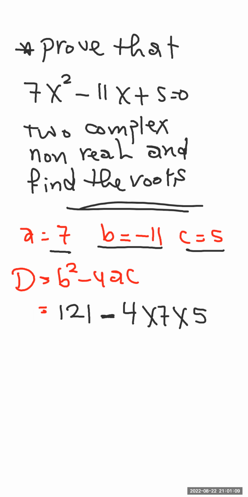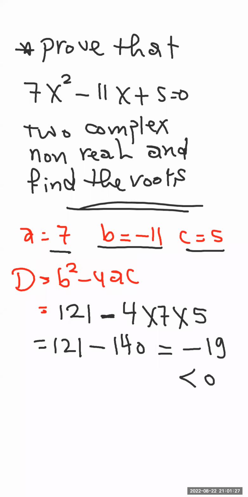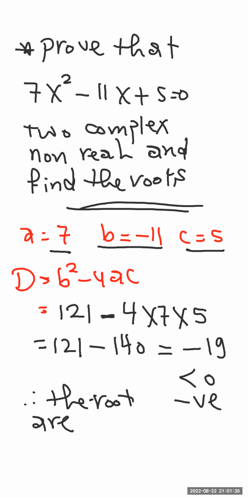So 121 minus 4 times 7, it's 28, times 5, 140. So this means it will equal -19. Okay, it's negative, less than 0. Then the two roots are, as required, complex and non-real.